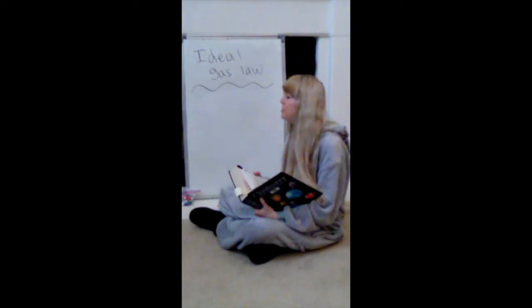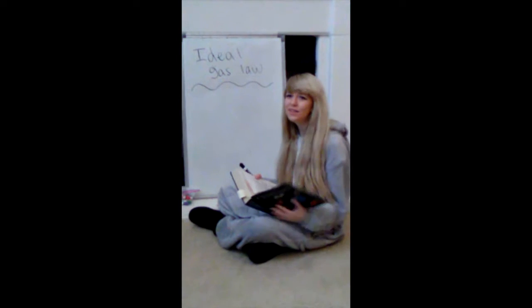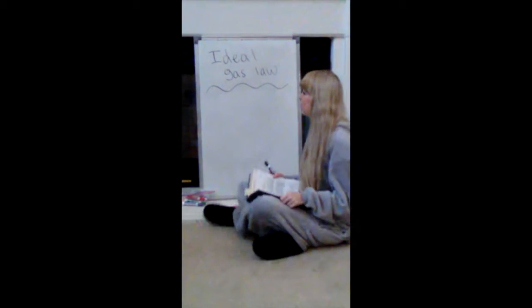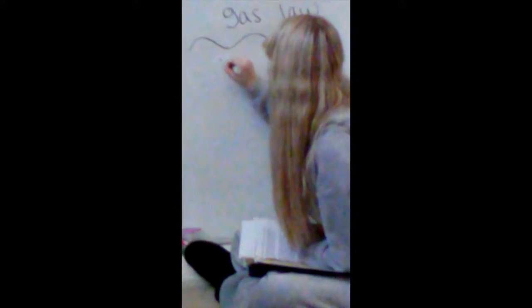The last law I'm going to be talking about is the ideal gas law. This combines all of the previous laws and puts them into one simple equation. This equation is PV equals nRT, where P is equal to pressure, V is equal to volume, n is equal to the amount of substance in moles, R is equal to the gas constant, which is equal to 0.00821, and T is equal to temperature.